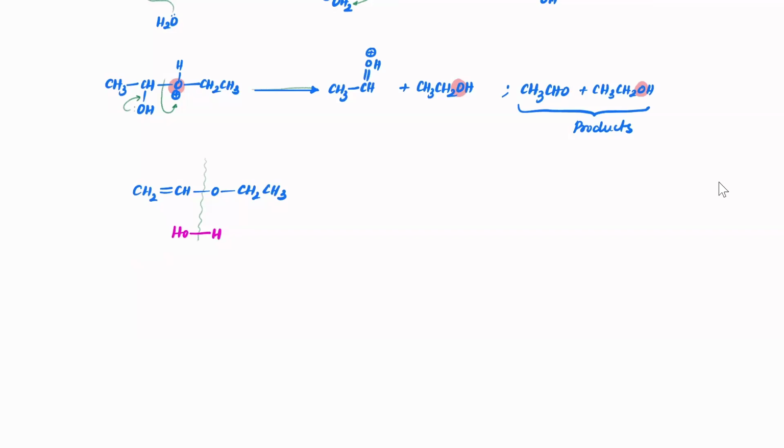So what does that draw into? That will make it into CH2 double bond CH with OH, and this is like CH3 CH2 OH, right? You know that this enol will undergo tautomerism to convert into this aldehyde.